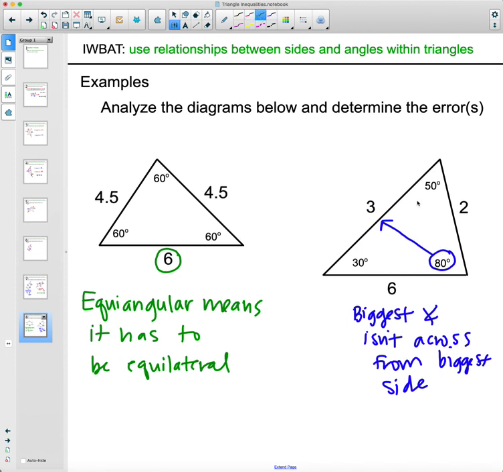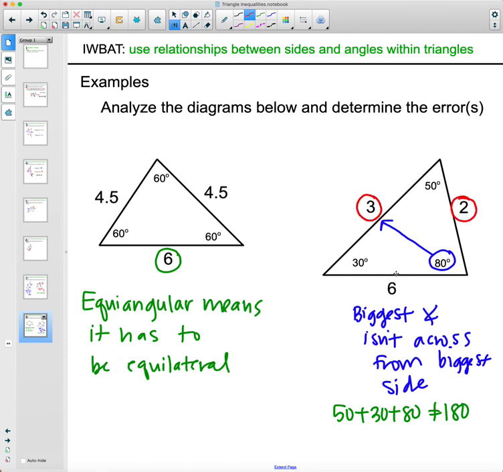Another thing you may have checked is the interior sum, and 50 plus 30 plus 80 does not equal 180. So that could have been an error that you saw as well. And another error that you may have seen is the two smaller sides here.